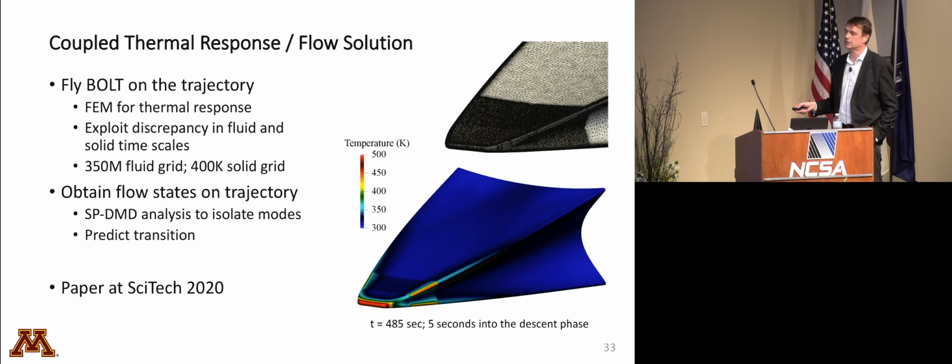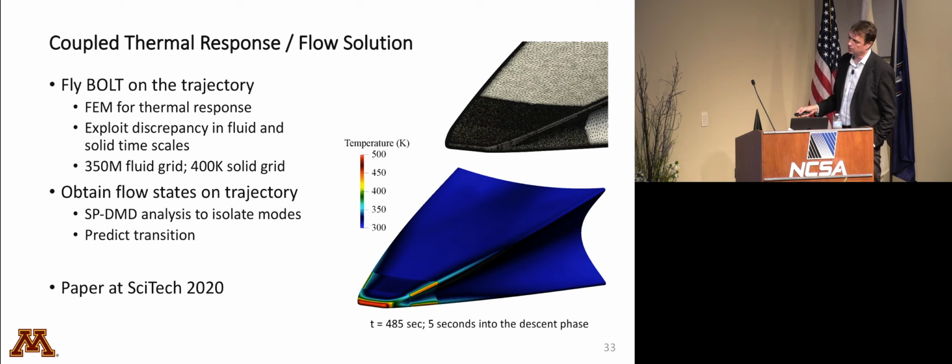And so now we can fly this thing. And what we'll do then is take snapshots as we go through the trajectory, take flow states. And then at each of those flow states, we'll do an SPDMD analysis to try to isolate the modes as the Reynolds number changes, and therefore to predict transition.